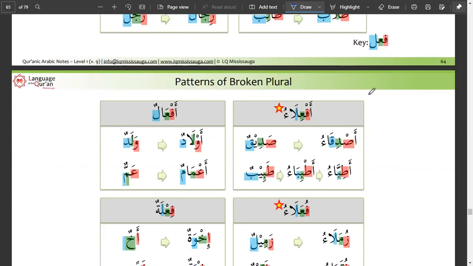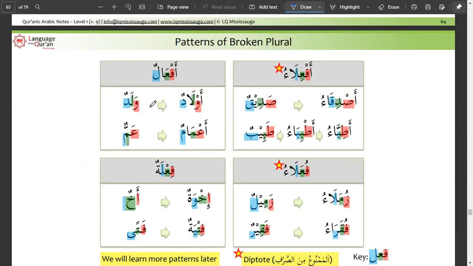Now, pattern number 5 is on the pattern of af'alun. Af'alun. Waladun, awladun. Here, the waw is on the pattern of fa, and it is silent here.